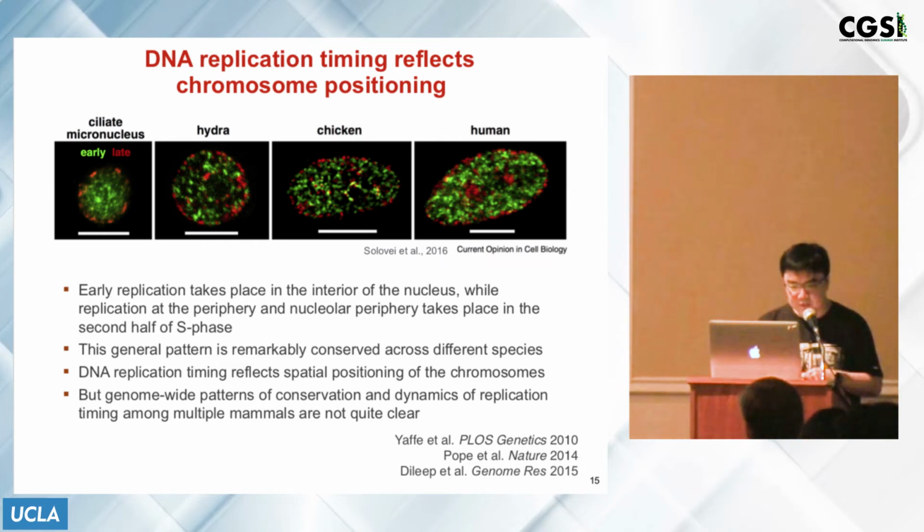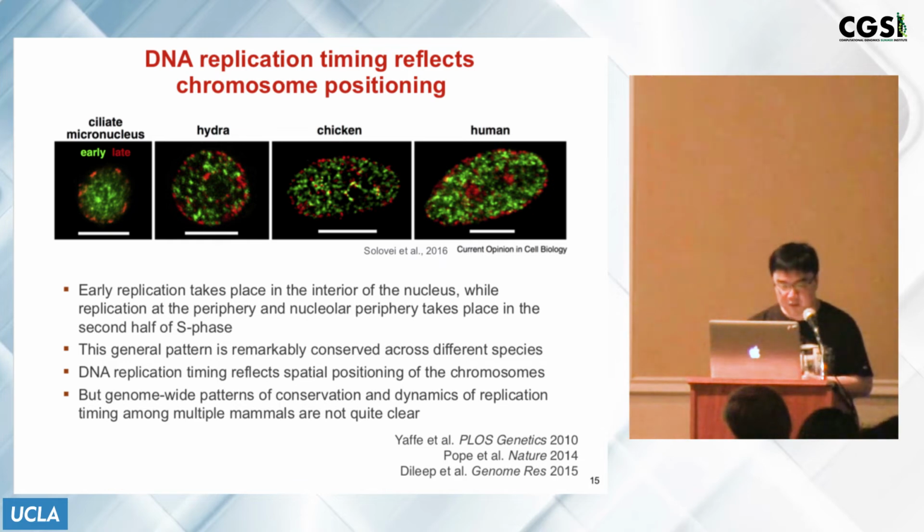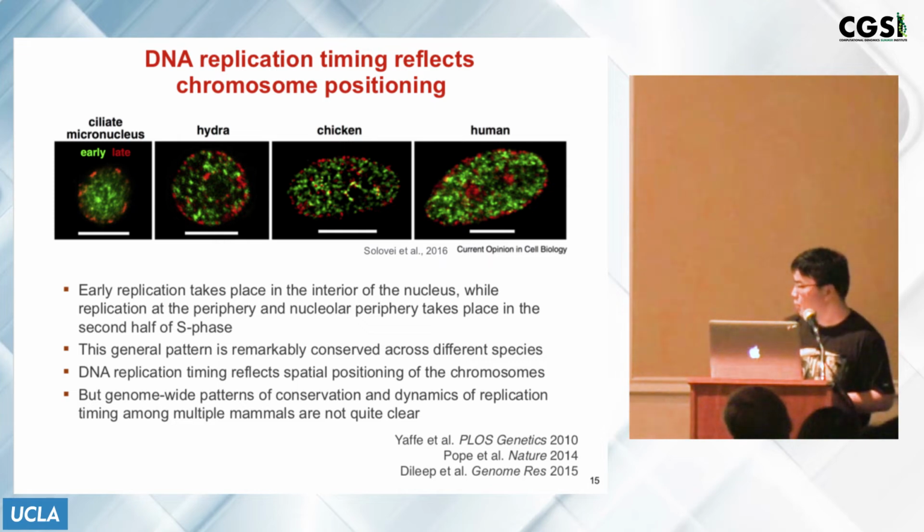And there were some observations early on between human and mouse in the mouse ENCODE project, looking at these genome-wide patterns of conservation and dynamics in a pairwise comparison fashion. They found that DNA replication domains align very well to the TAD boundaries, and that is one of the major observations from that work, Pope et al.